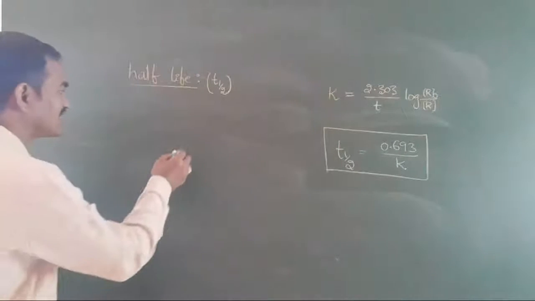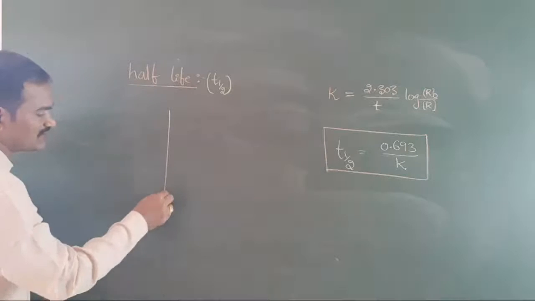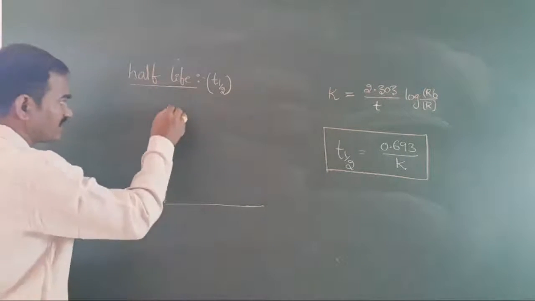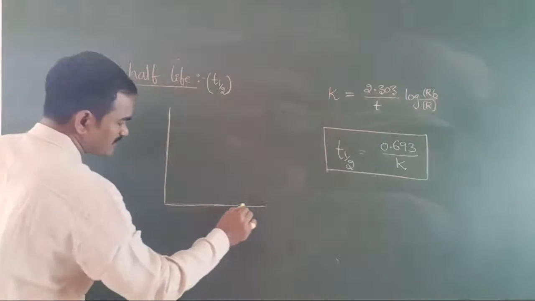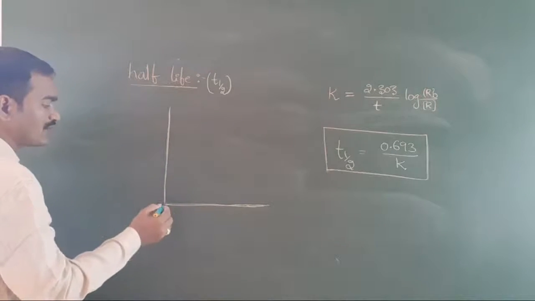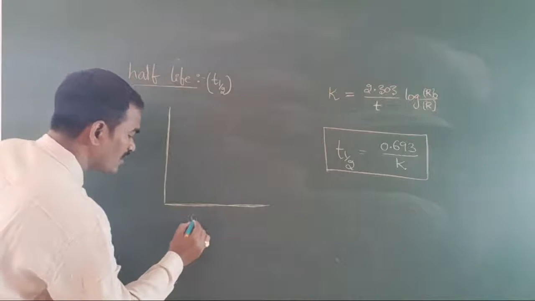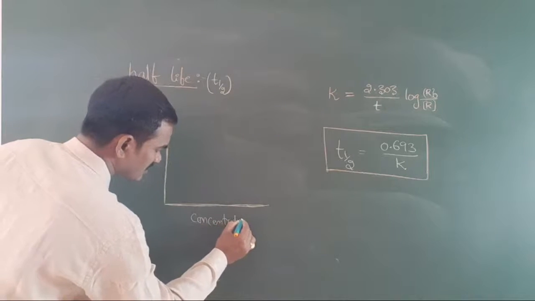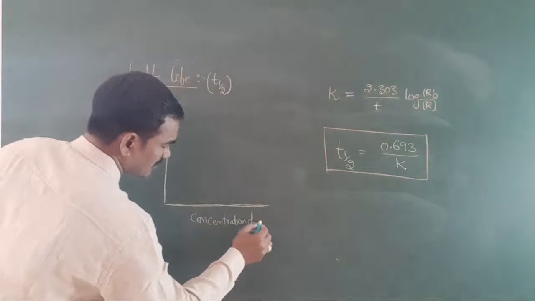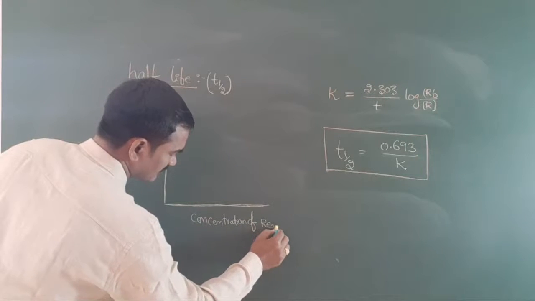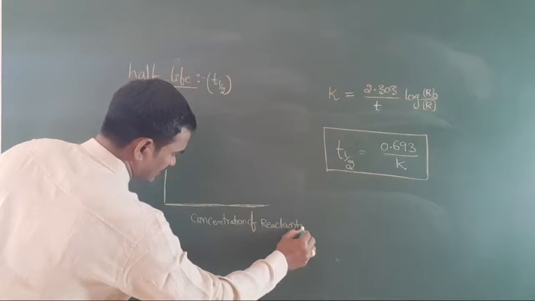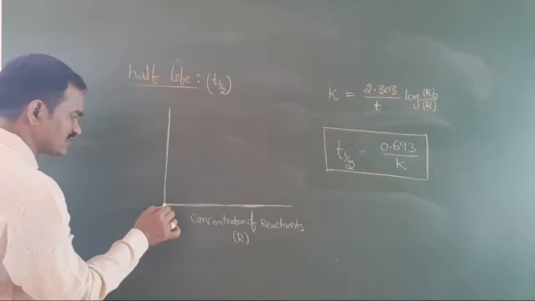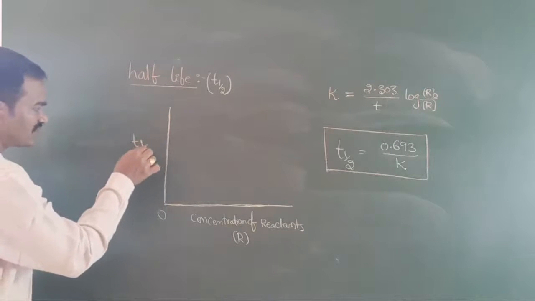Okay, so here you see that graph. Graphs play a very important role for JEE Mains. Now what I am going to take here is the concentration of reactants, and here you take half-life.